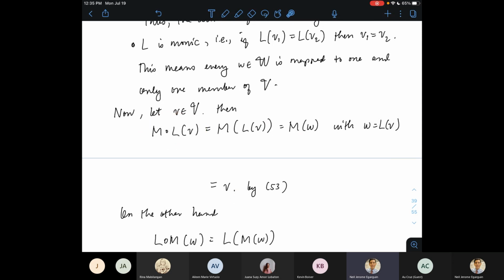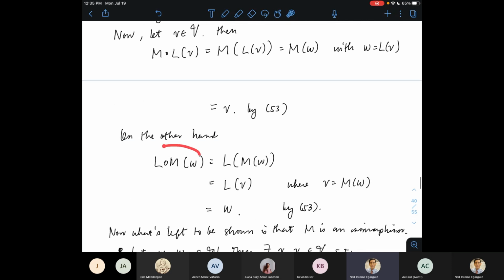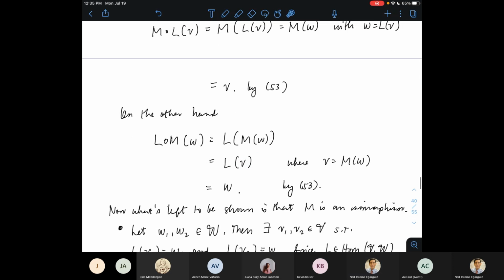And then the other condition in the theorem: we want to show that L circle M of W is equal to W. By definition of function composition, this is just L of M of W. Then suppose M of W is equal to V. So I will replace M of W with V. Nothing fancy there, just a change of variable.